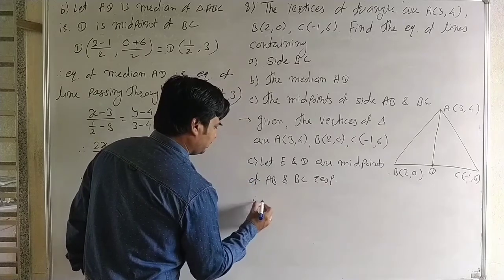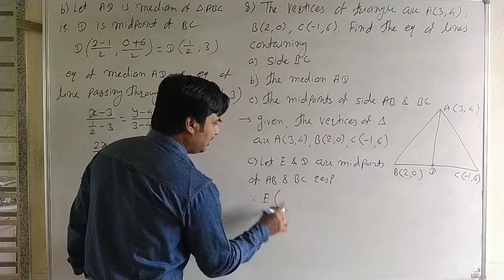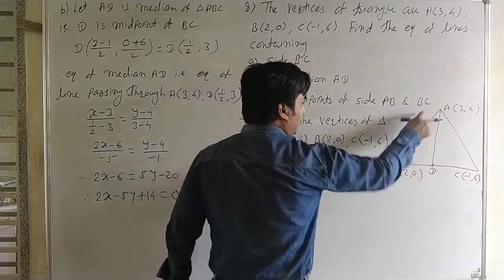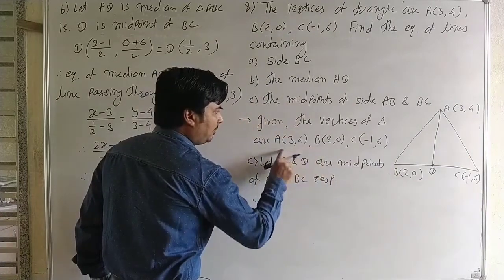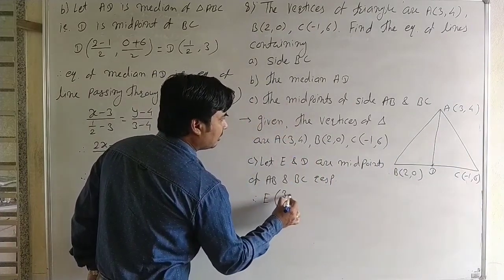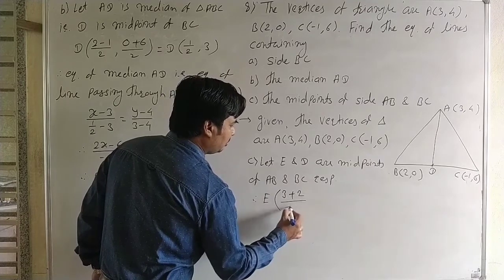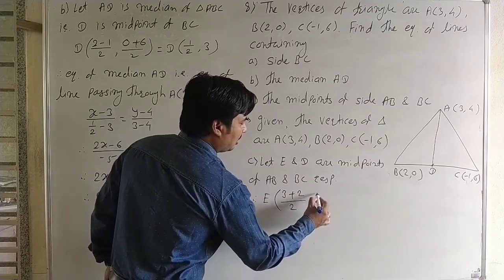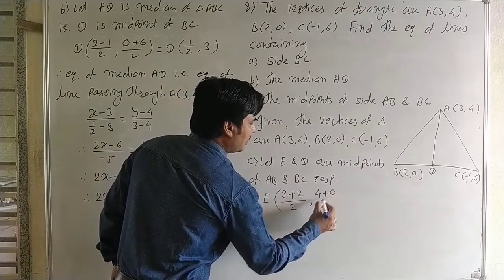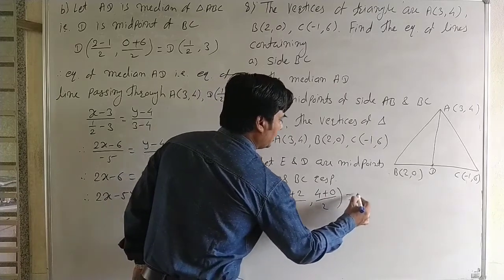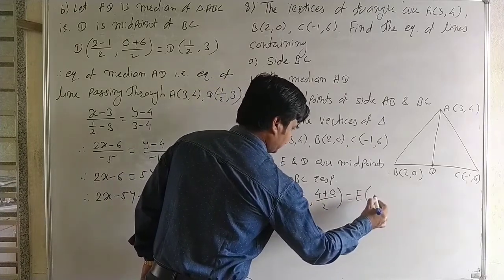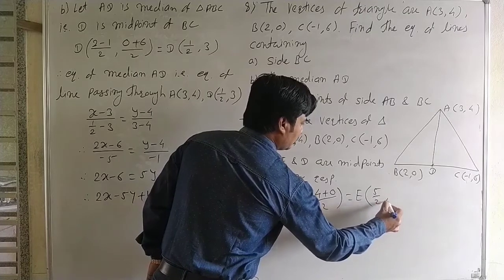Okay. Therefore, the coordinates of E, the midpoint of AB, are (x1 plus x2 upon 2, y1 plus y2 upon 2). Therefore, E is (5 by 2, 2).